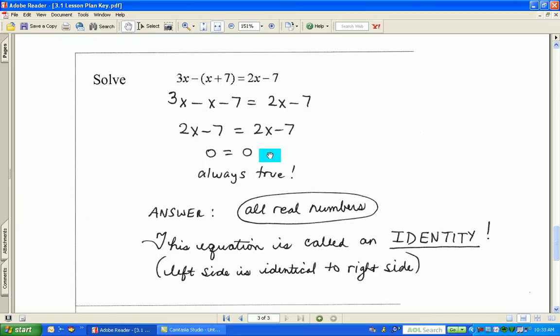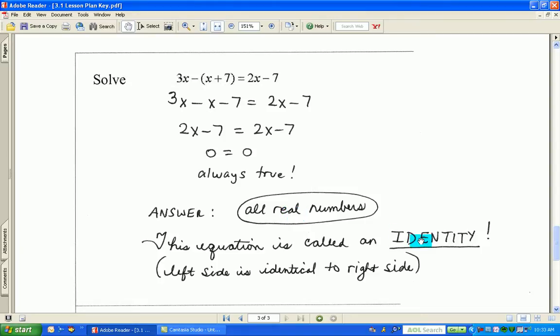Now, obviously this is a special case because your variables have dropped out. And if I asked you the question, when is 0 equal to 0, I would hope you would tell me always. Well, that means this equation is always true. So what that's telling me is any real number I plug in for x will work. Therefore, the solution set is all real numbers.